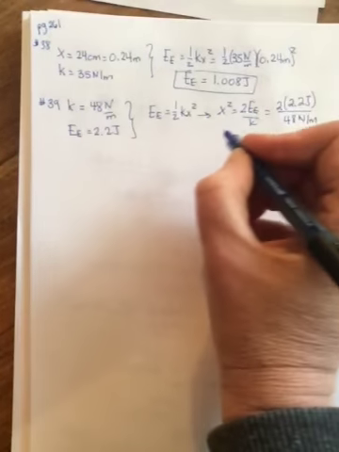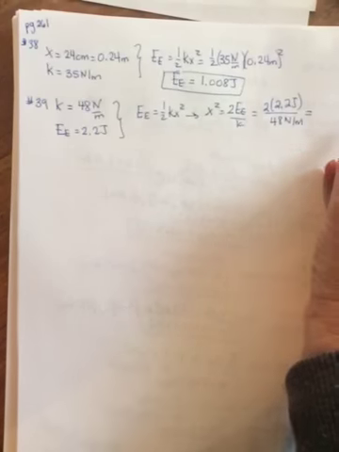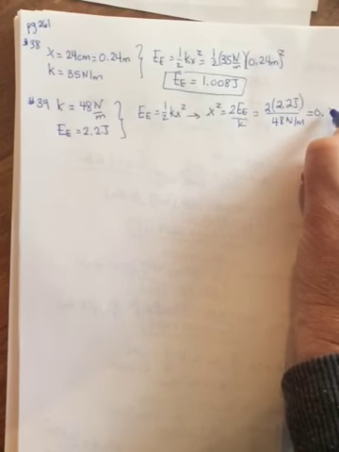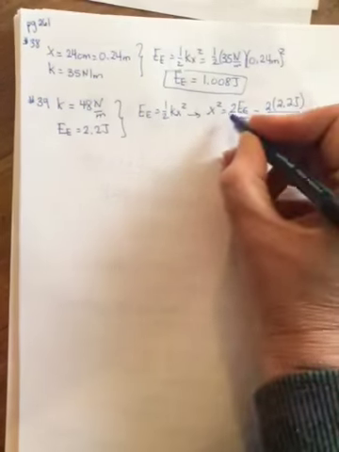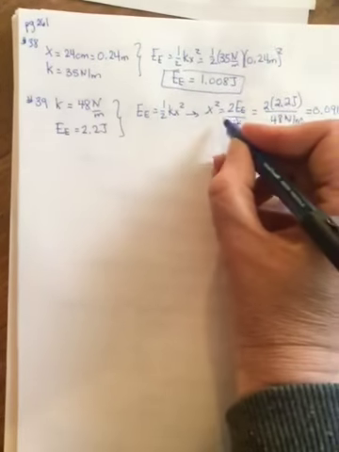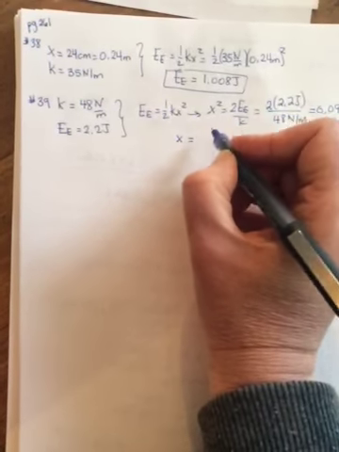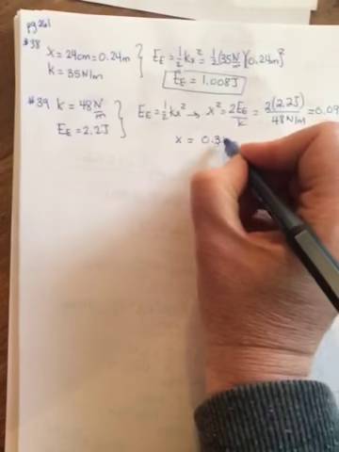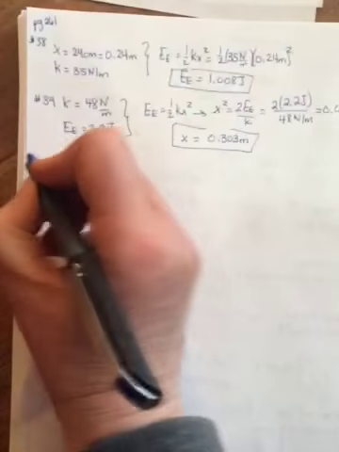So 4.4 divided by 48 should give you 0.09167, but that's meters squared because that's x squared. Then you need to take the square root, and when you do, you should have 0.303 meters for your final answer.